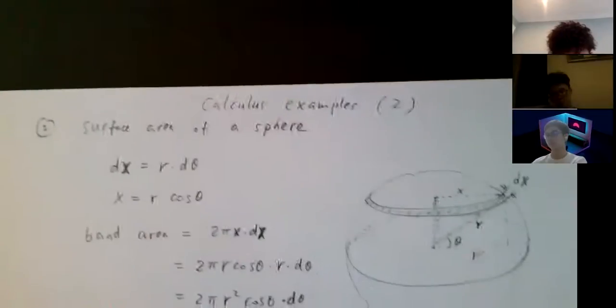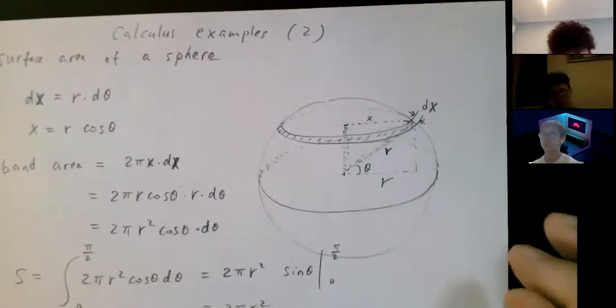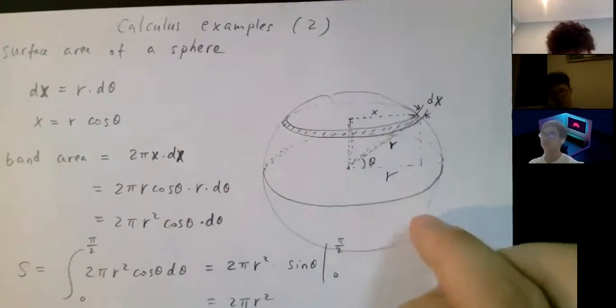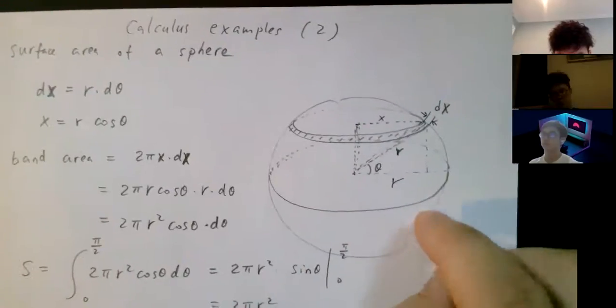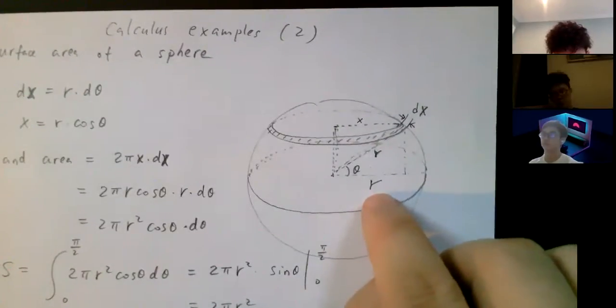So maybe I should give you this as homework, but anyway. Now let's deal with a sphere. A sphere has a radius, like a ball, right?